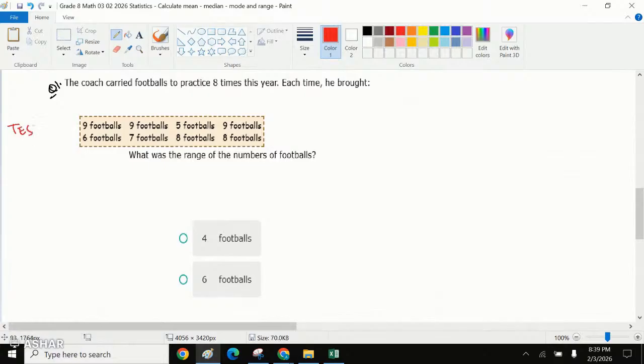This is from the test. If we need to find the range, we know that the range is always the maximum score minus the minimum score.